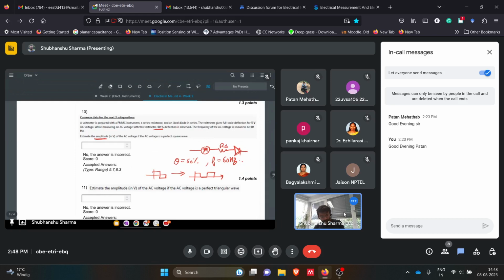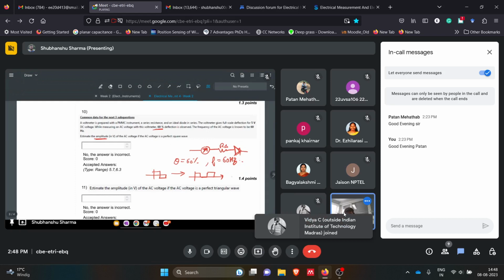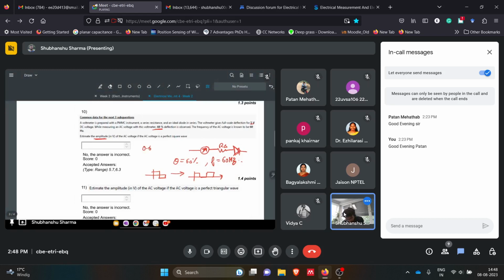So V average, 60% deflection. 5 volt was for full scale, so for 60% deflection we will have 3 volts as the reading. And PMMC measures the average value.